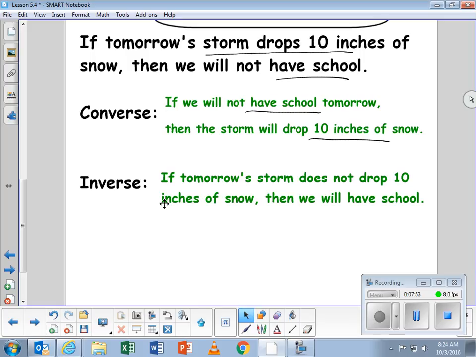Okay? Now, if we said that first one was true, could we stretch our imagination far enough to say this statement here is actually true? If all of a sudden tonight it snowed 10 inches, we'd not have school tomorrow? Okay? Would you agree with that?